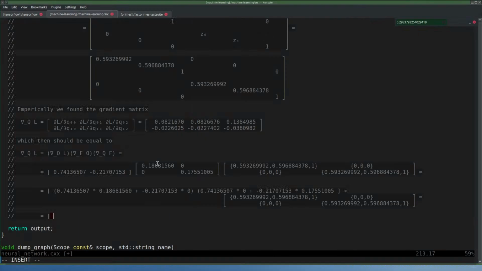Sure, that is. Yeah, I'm going to do one by calculator here. 0.7413 65073 times 0.1868156 is 0.138499 or 985.